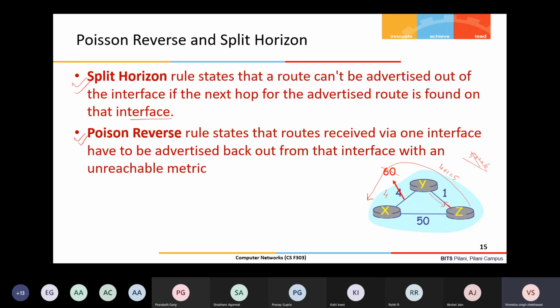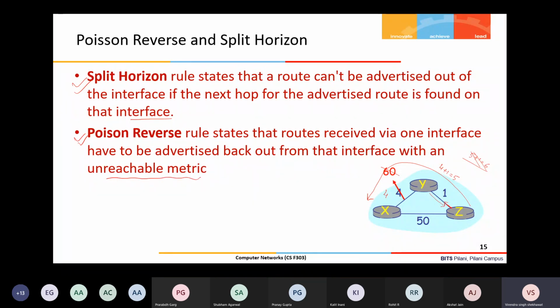Then poison reverse has a slight change. You will observe once I read it. Poison reverse's rule states that routes received via one interface have to be advertised back out from that interface with an unreachable metric.